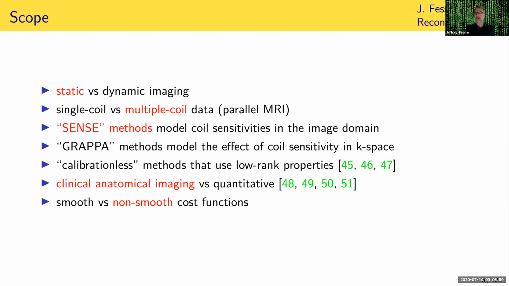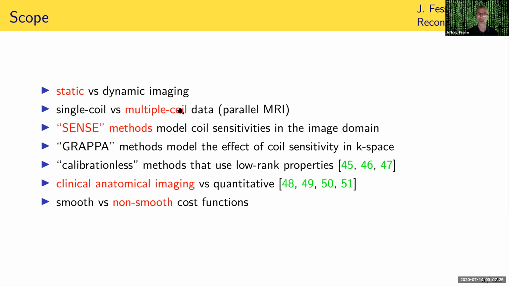So this is already a long presentation, but there's too much to cover even in the amount of time that I have, so I want to give you a sense of the scope of what I'll be emphasizing. I'm going to focus on static imaging as opposed to dynamic imaging. There's a whole other set of tools that are needed for dynamic imaging, and there are some nice survey papers on that in I think the January 2020 issue of IEEE Signal Processing Magazine, if you're interested in that broader scope.